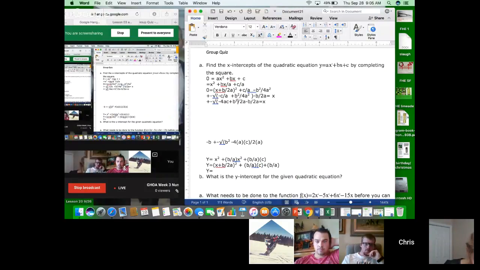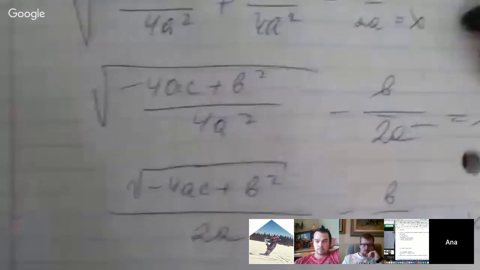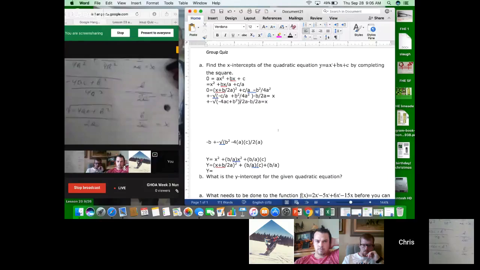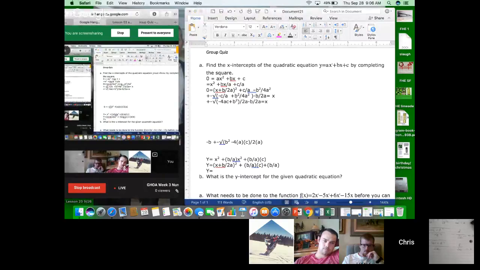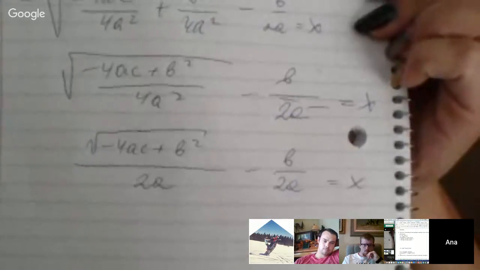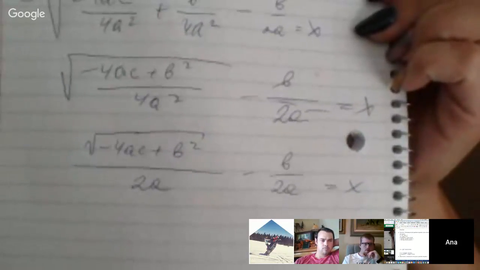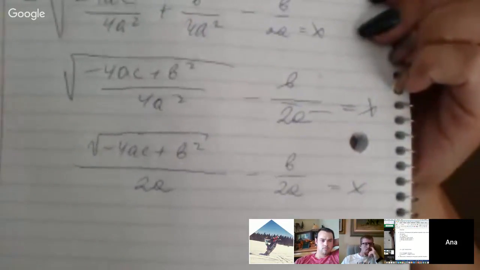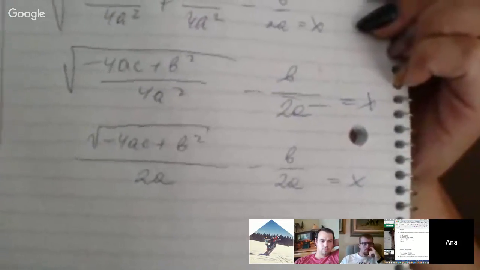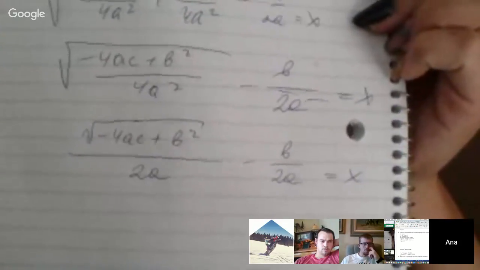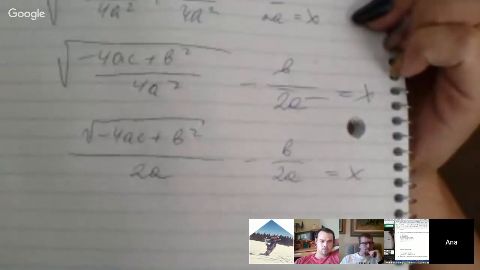Okay, this is still a little confusing. So do you see? It's 4ac over b squared all over 2a minus b over 2a. And when there are common denominators, we can just subtract the denominator, right?